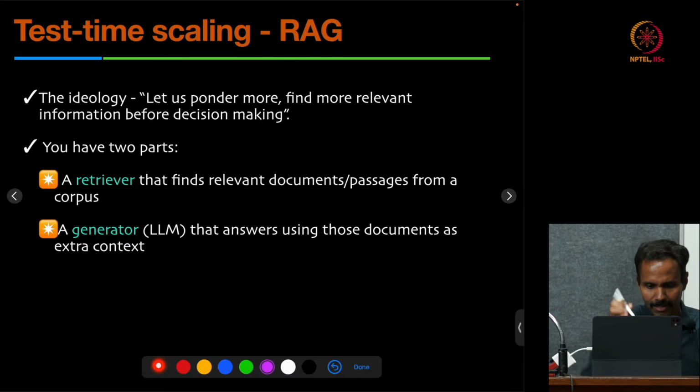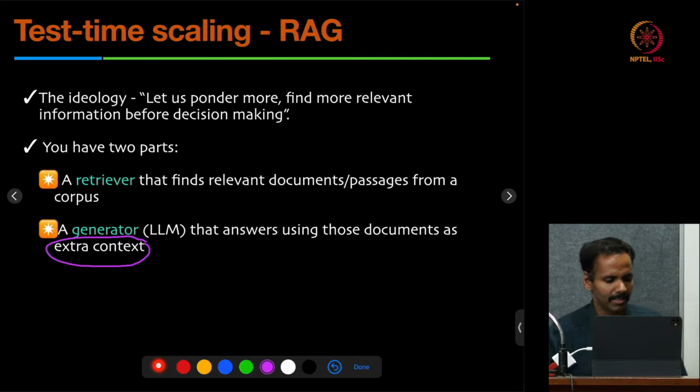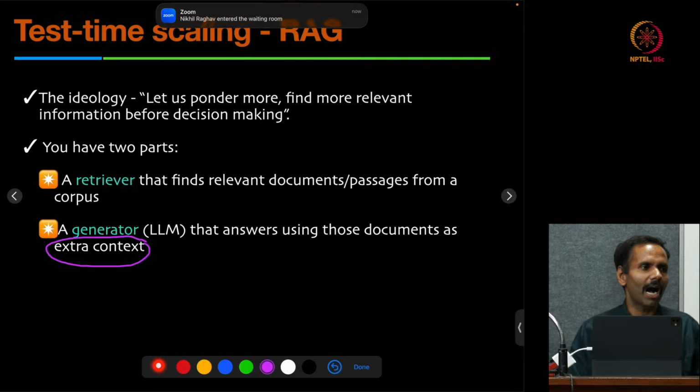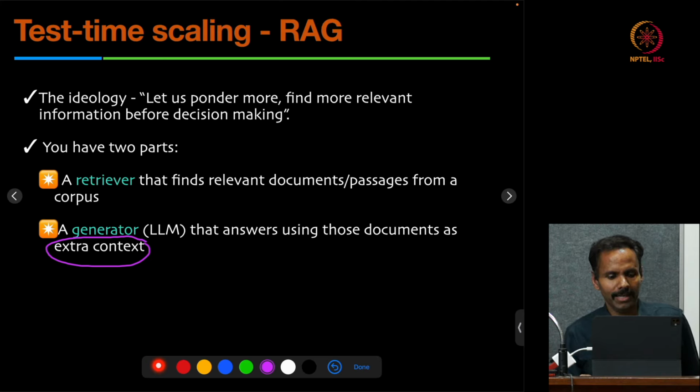So this key point, we will come back to it again: you do not go after the response directly, but you provide more context. Even if you remember the previous test time scaling approaches, the chain of thought, even the tree of thought, you can think of the final response generation as having the context of the prompt plus the previous responses.